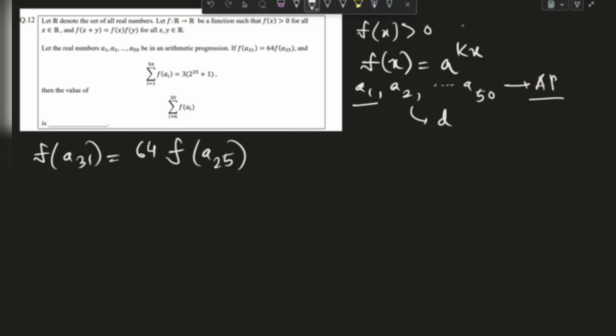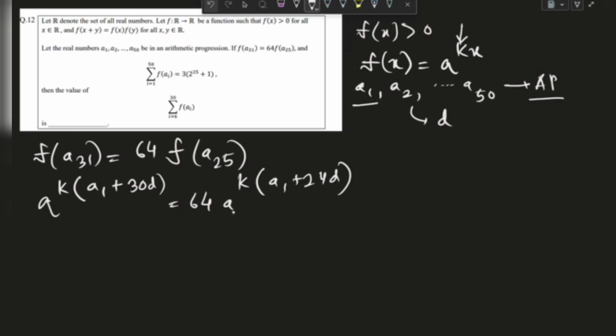So if we put the values in place of x, if we put A31 and A25, this will come out to be a power k times A1 plus 31 minus 1, so 30d, which is equal to 64 into a power k times A1 plus 24d.